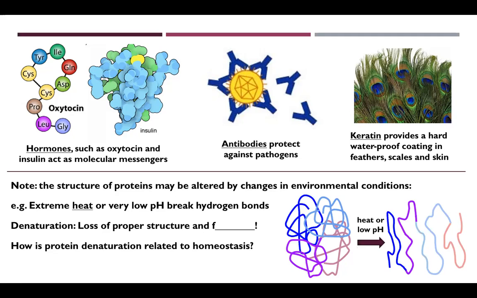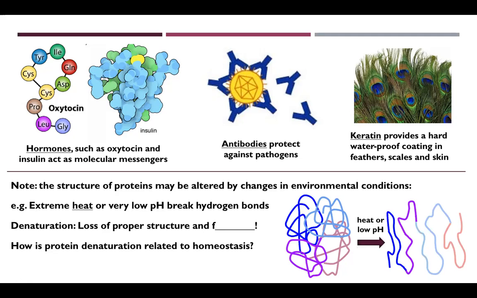Okay. So a little note to do with proteins: we've seen that their structure can be changed, which would change their function, but some environmental changes can also alter the protein structure. And when we say alter, that could be cutting some of those hydrogen bonds that we've seen in that secondary structure.